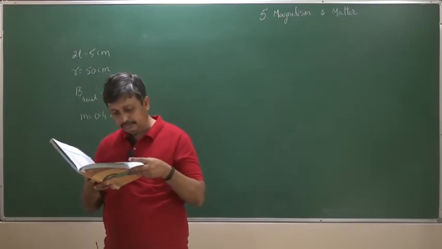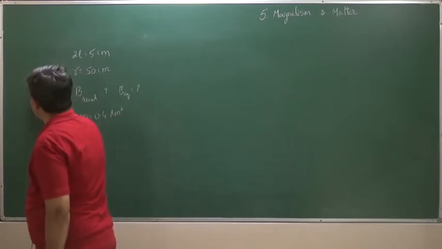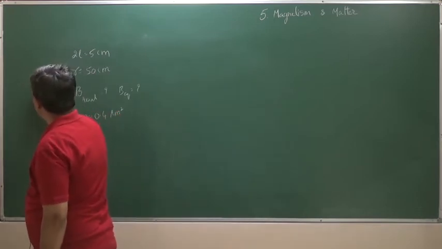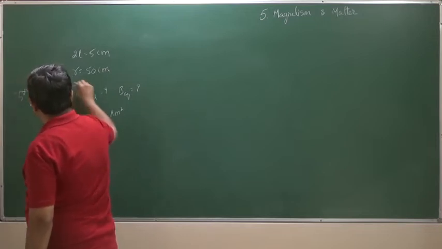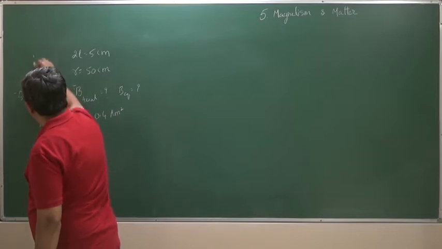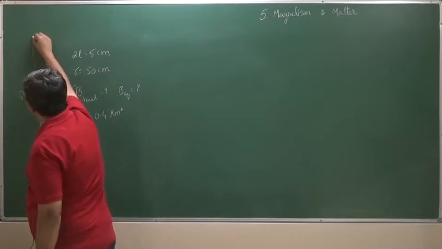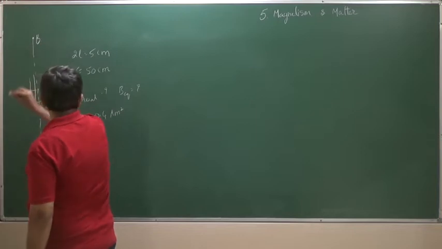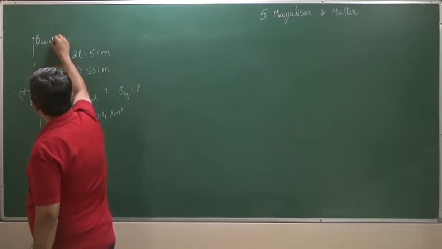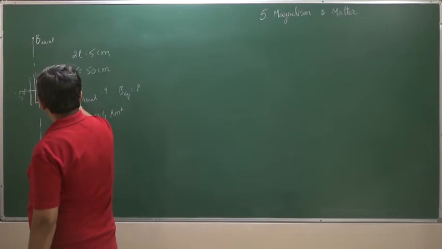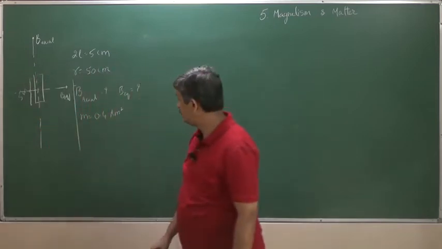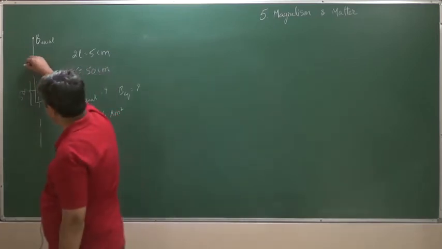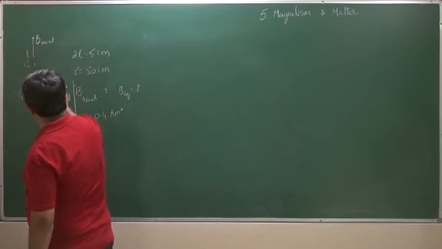So now you have a bar magnet of length 2L, 5 centimeters. This is along the axis. Somewhere here I want to find out B, which is B axial. Somewhere along this we find out B, this is B equatorial. The distance is given as 50 centimeters, and this is also 50 centimeters.